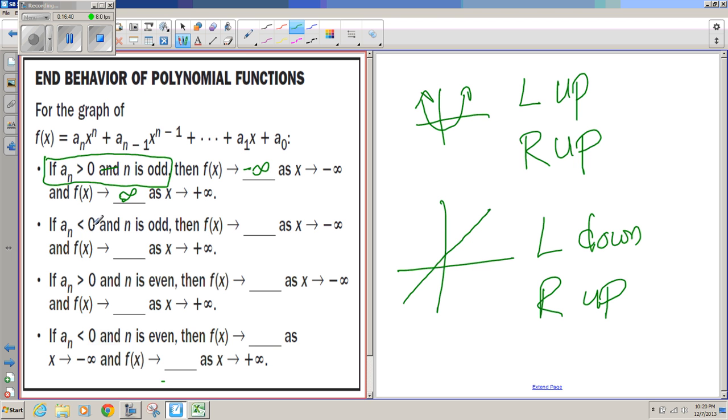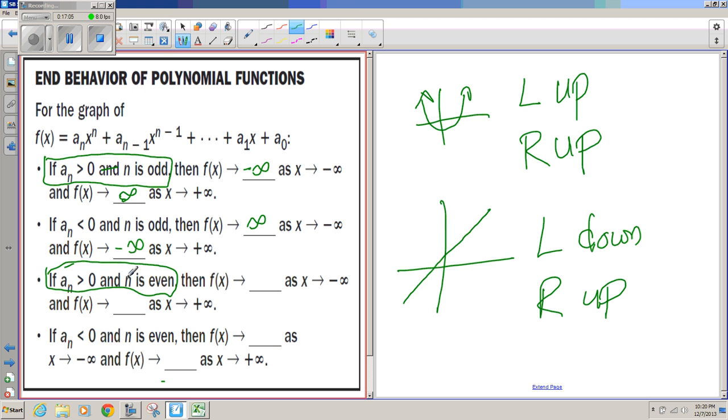If a is less than 0 and n is odd, now it reverses. If it's even, they always go in the same direction. So basically, you're looking at right here.